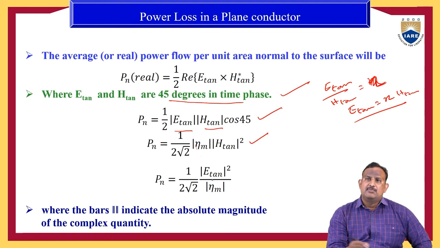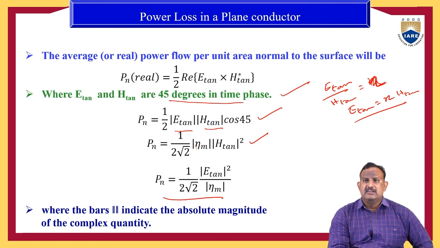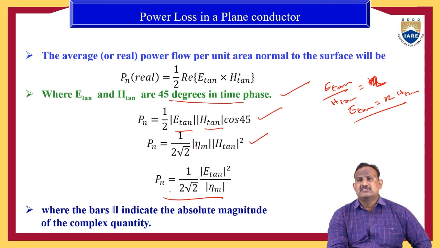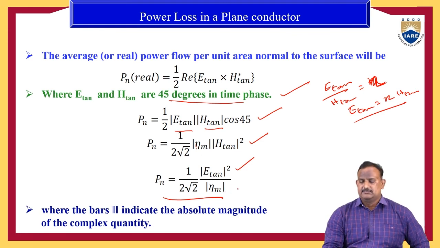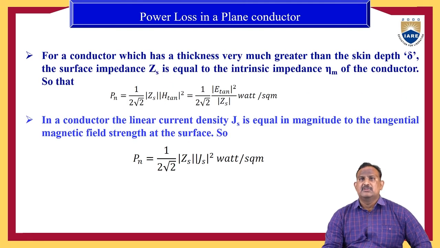Or conversely, we can write H tan is equal to E tan by eta. Therefore, the equation becomes Pn, the normalized power, is equal to 1 by 2 root 2 into the magnitude of the tangential component of electric field squared by eta, where eta is the intrinsic impedance.